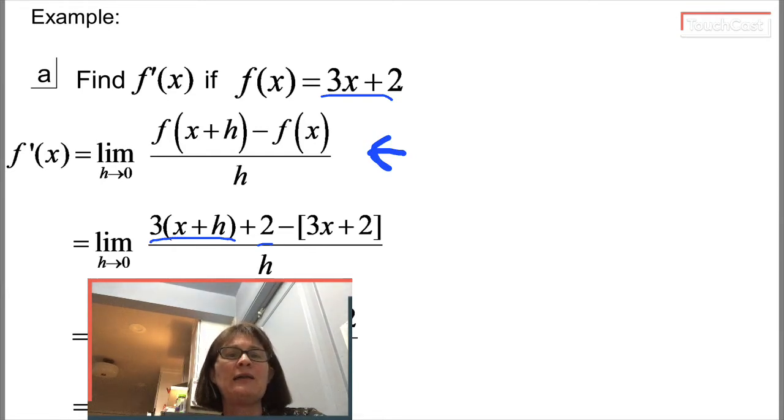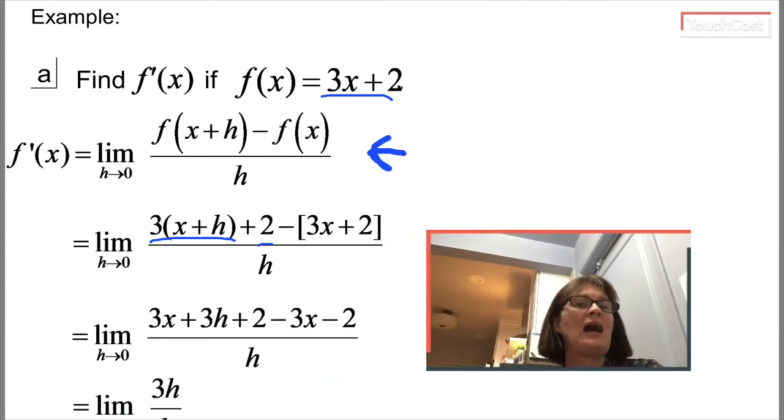Well, once I've done that, I'm going to simplify that numerator. I'm going to see if I can make some things cancel out so that I'll be able to factor and maybe cancel out the h that's in the denominator. And that's exactly what happens. So 3 times the quantity, x plus h, simplifies to 3x plus 3h.